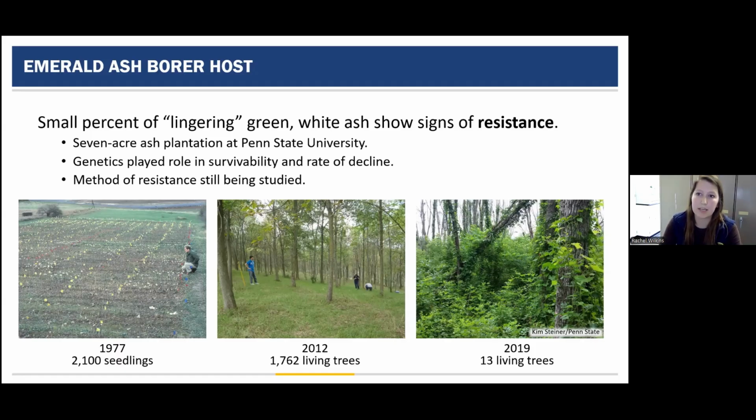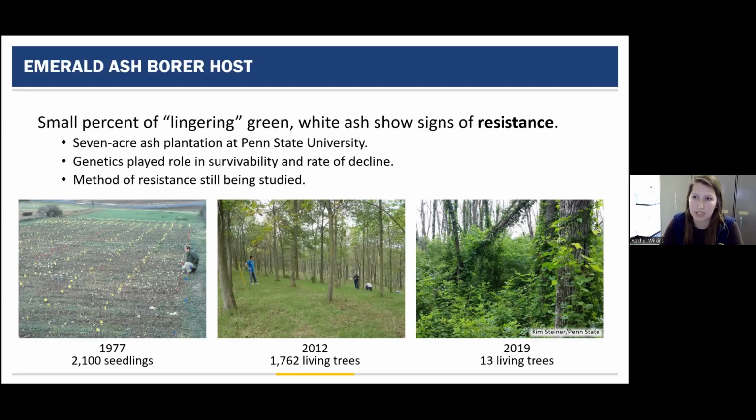But then when EAB arrived at the plantation around 2012, when they had about 1,700 trees, they started monitoring EAB's impact on these trees. They saw that after a handful of years, by 2019, most of the ash trees were decimated by EAB. However, there were about 13 living trees that were not affected by the beetle.